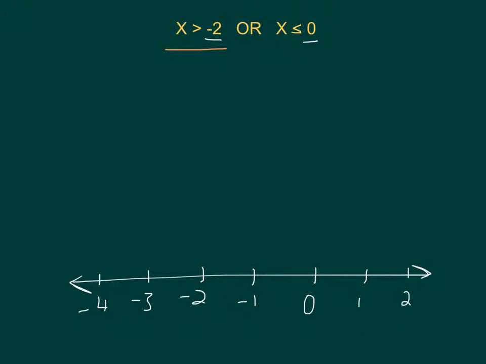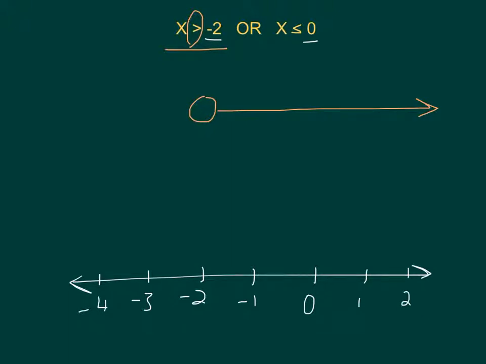So x is greater than negative 2. That's not greater than or equal to, it's just greater than. So I'm going to have an empty circle at negative 2, and I look at the direction of that greater than sign, and I know it's going to go this way.